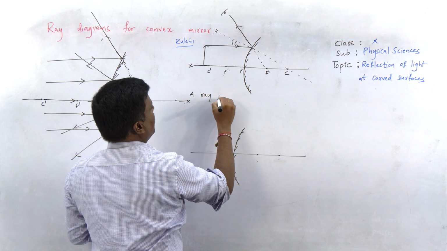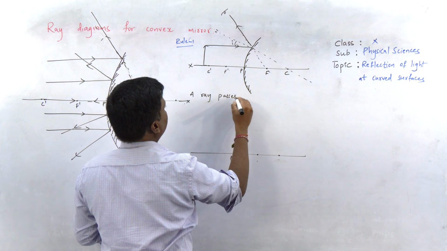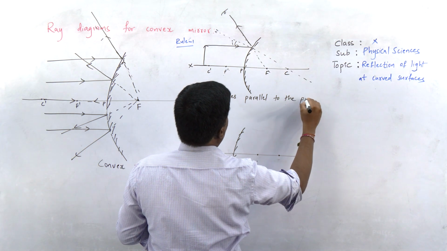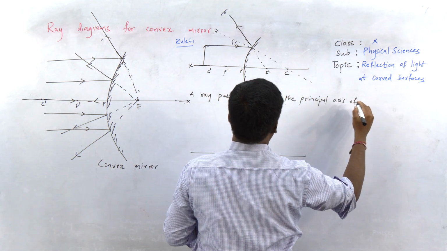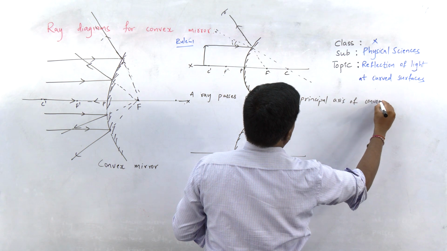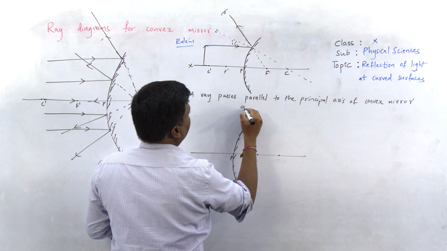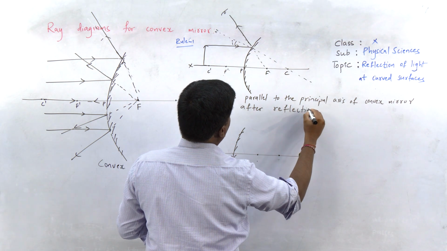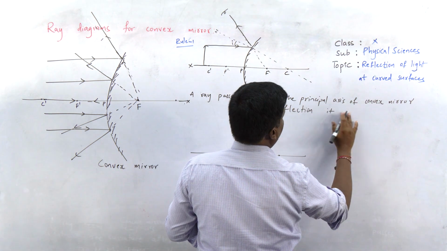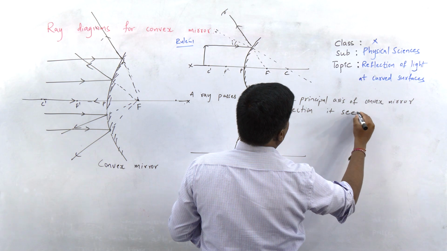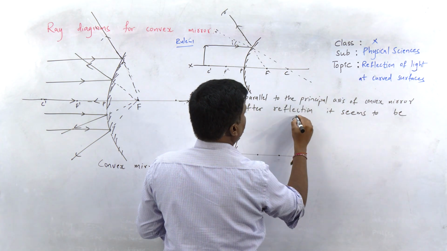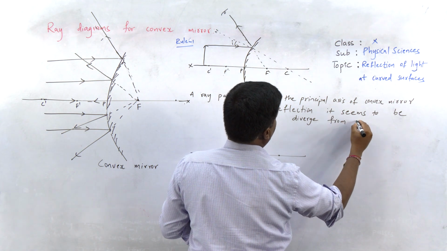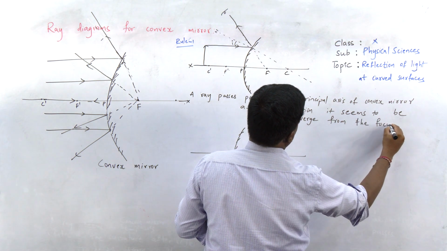A ray parallel to the principal axis of a convex mirror, after reflection, seems to diverge from the focus.